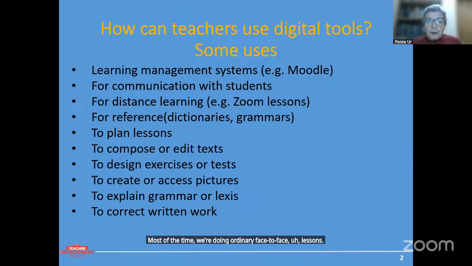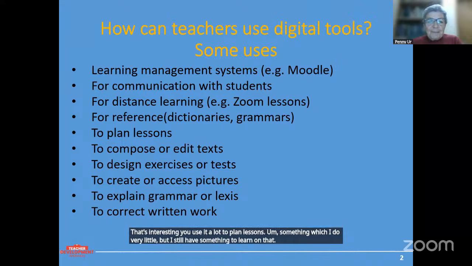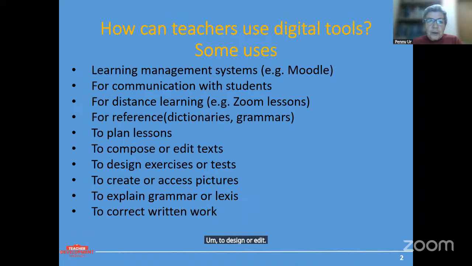Question 4, for reference, most people use it quite a lot, either all the time or a lot. Number 5, to plan lessons. That's interesting. You use it a lot to plan lessons. It's something which I do very little, but I still have something to learn on that. To design or edit exercises or text, and this is where AI has come in, where we can very, very quickly make an exercise, create an exercise from a text, or create a test, or to make something easier or more difficult.